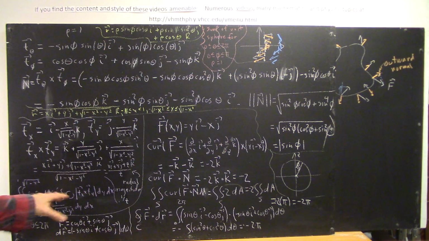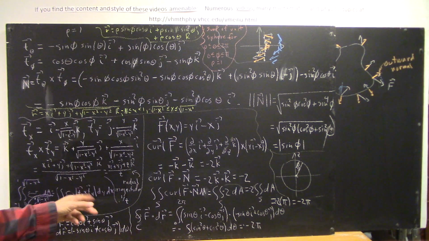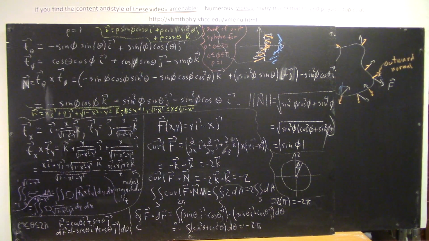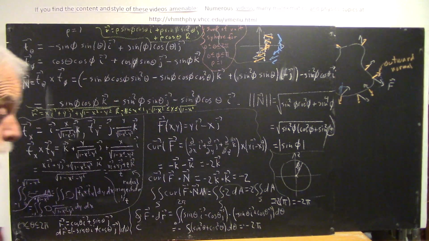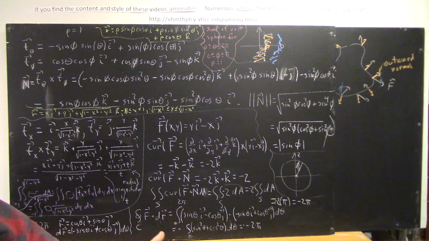Now, I scribbled some stuff down here and realized it was unreadable, so don't even try to read it. I'm going to pick that up in another video or two and address how this gives you the same result as this for the surface area of a sphere. Kind of a neat application.